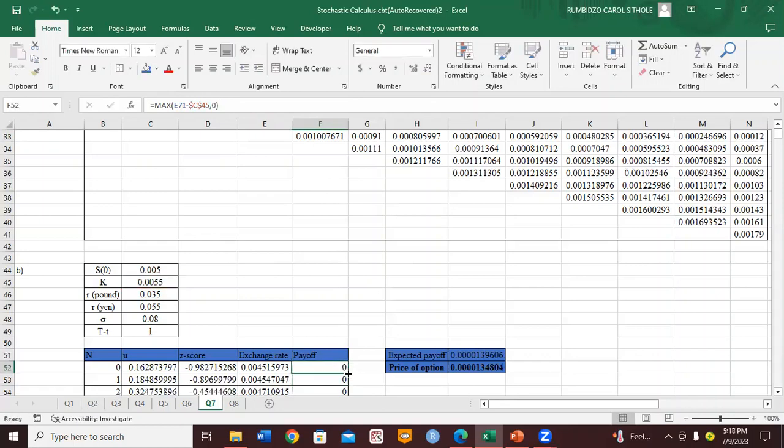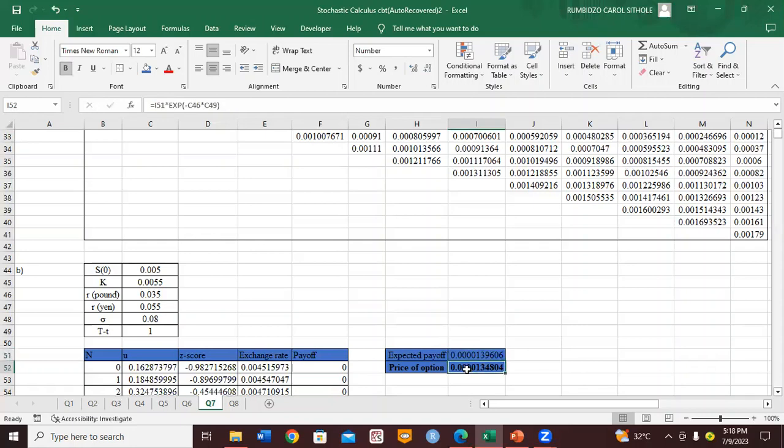So you double click, and then it goes all the way down. So it becomes 0 because if it's less than, you will not exercise that strike price. Then the payoff is going to be your average of all from here, F1 to the 100,000 here.